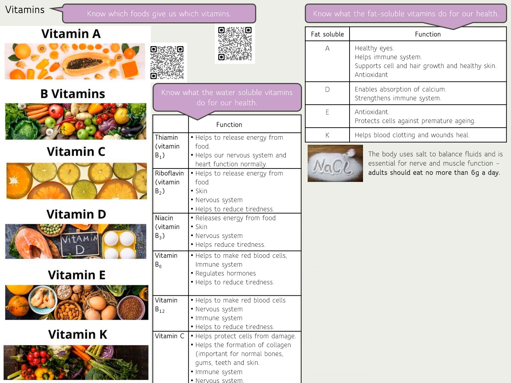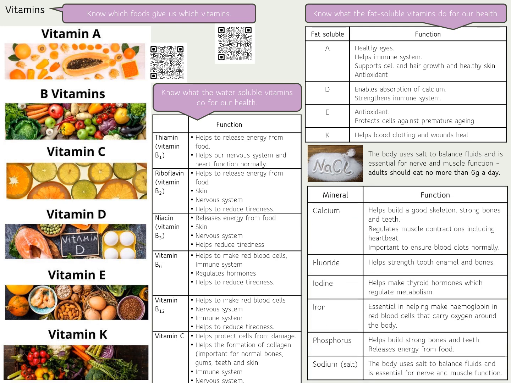The particular mineral that you do need to know a little bit more about in this particular paper is sodium and salt. So you've got some information to read on the slide here. You do also need to, though, have awareness of all of the other minerals. So I've listed them here for you to find out what they are supposed to do to the body.